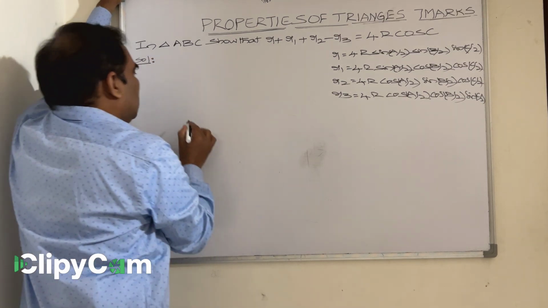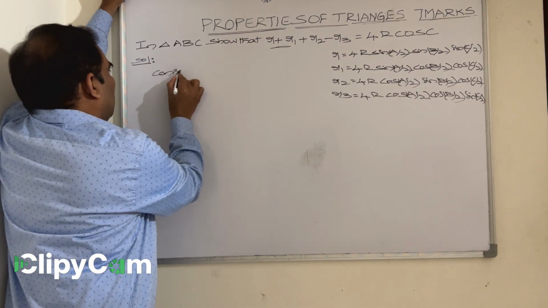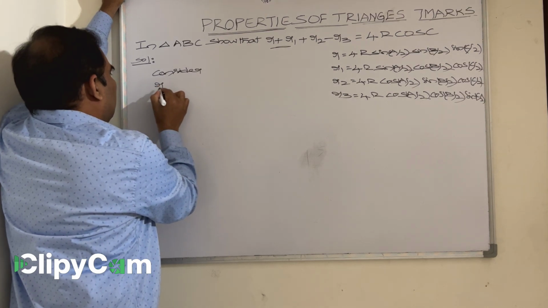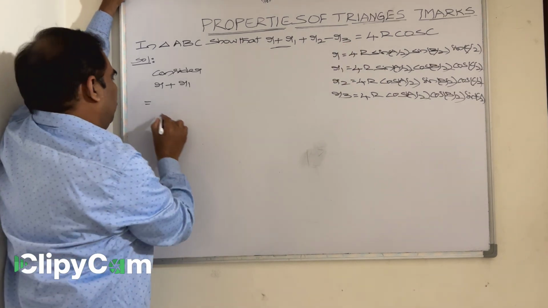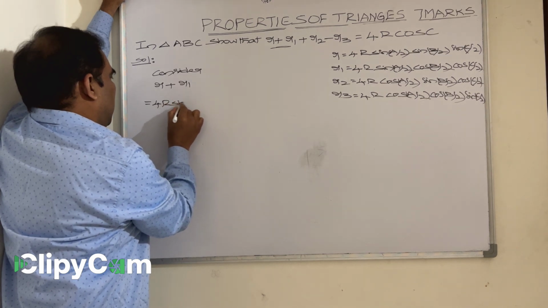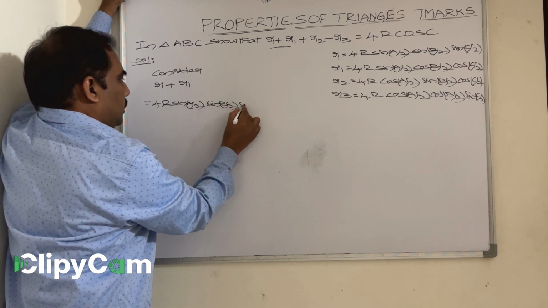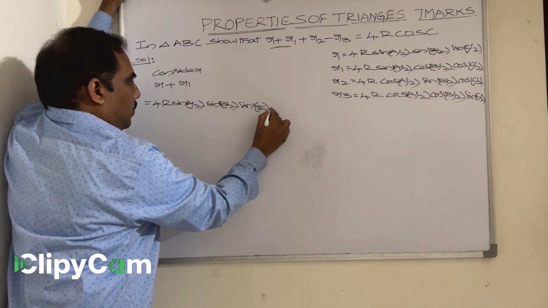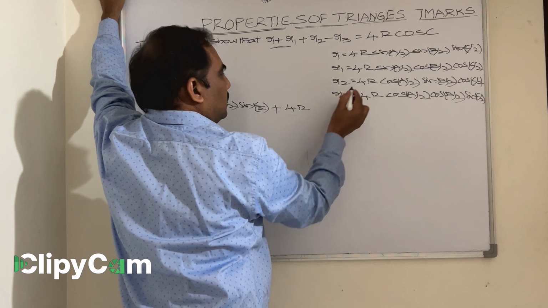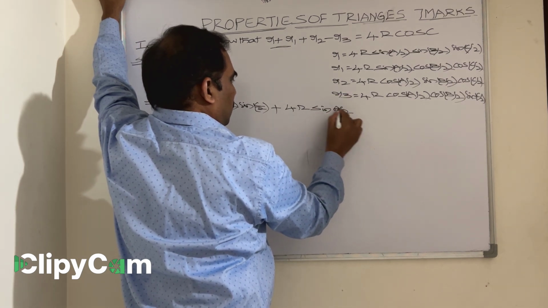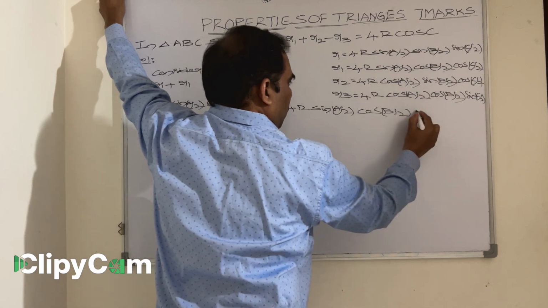So now, taking first r plus r1. Consider r plus r1, which is equal to, we have small r is equal to 4R sin A by 2 sin B by 2 sin C by 2, and plus r1, which is 4R sin A by 2 cos B by 2 cos C by 2.